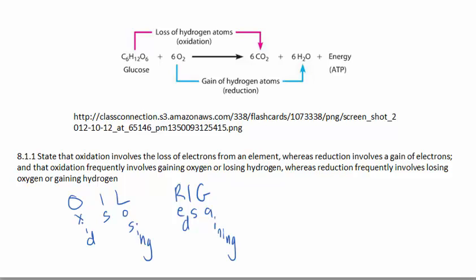You see loss of hydrogen atoms here. For the carbons that are oxidizing, they're gaining oxygen atoms, so you can see the carbons are with oxygen. And the opposite happens for hydrogen. There's a loss of hydrogen atoms.